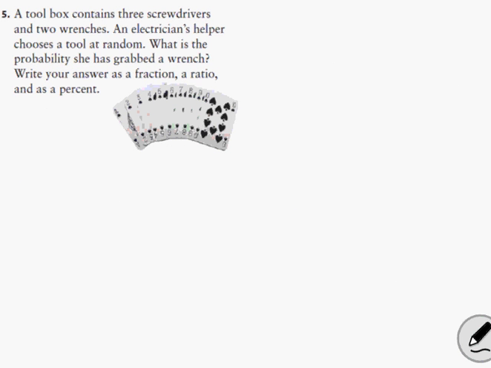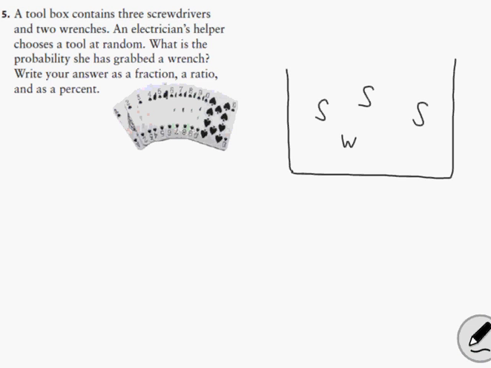Question 5 says a toolbox contains 3 screwdrivers and 2 wrenches. So I'm going to draw the box, and I'm going to put a screwdriver, and a screwdriver, and a wrench inside that box. It says, what is the probability that she grabbed a wrench? Write your answer as a fraction, a ratio, and a percent.